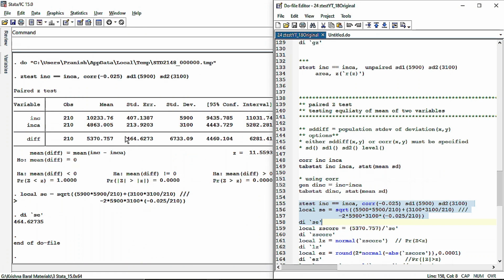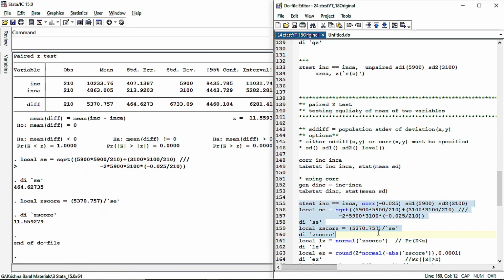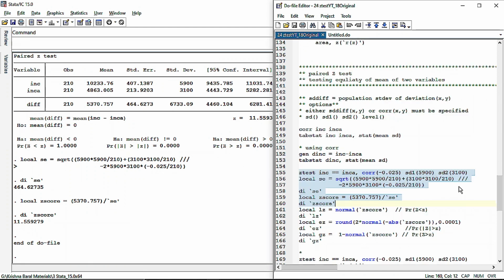It is 460.6273. And how do we calculate the z score? We take the mean of the difference, which we calculated as 5370.575, and divide it by its standard error. Let us see whether we get the same result. 11.5593, both of them are the same.